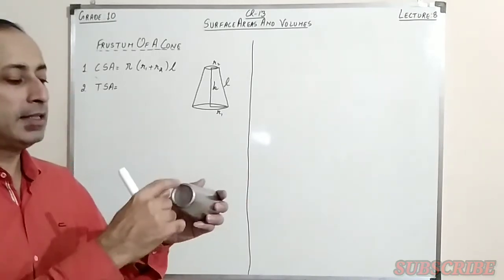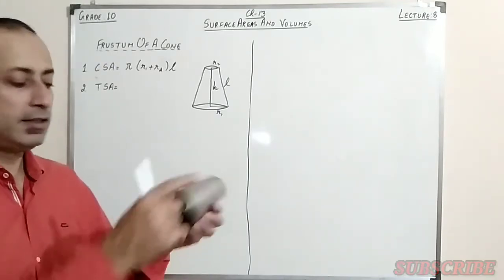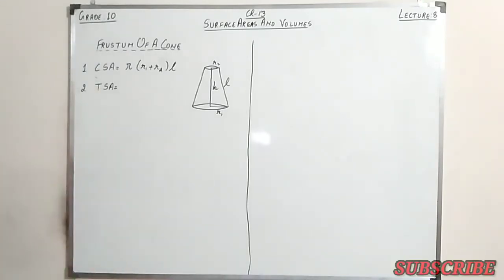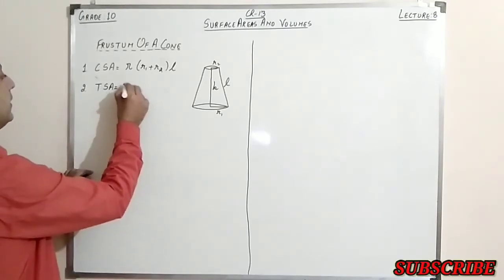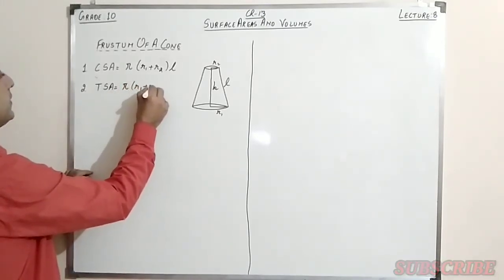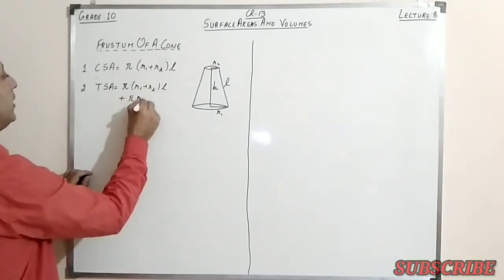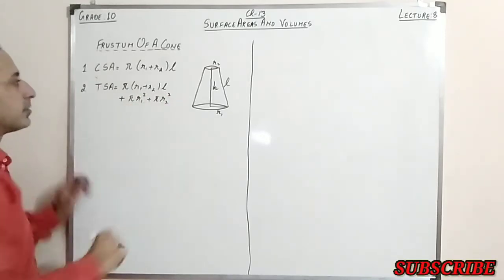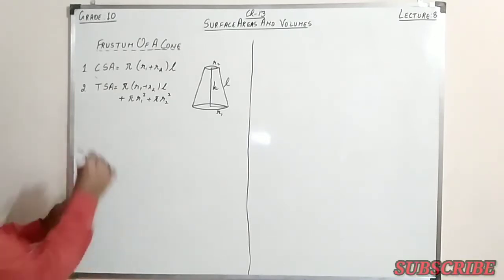Since the radius is R1, I add pi R1 square, and for the other it will be pi R2 square. So the total surface area is the curved surface area plus pi R1 square plus pi R2 square.